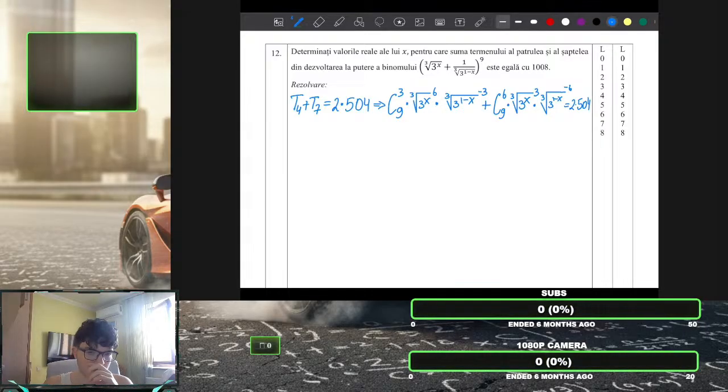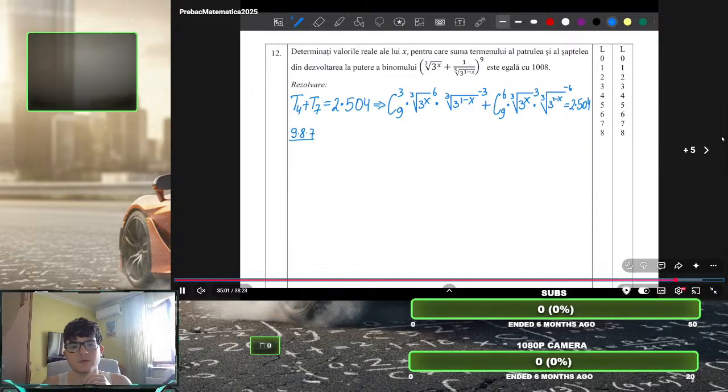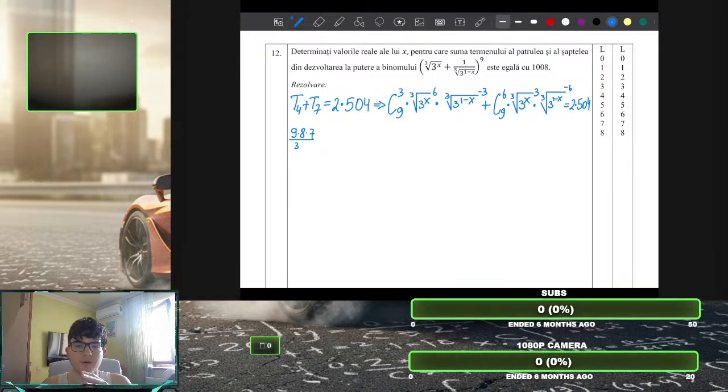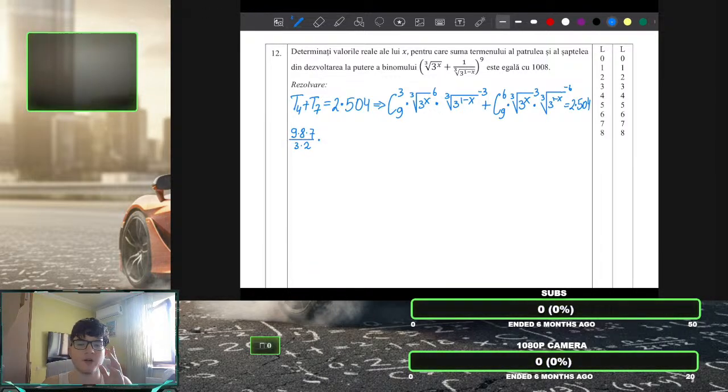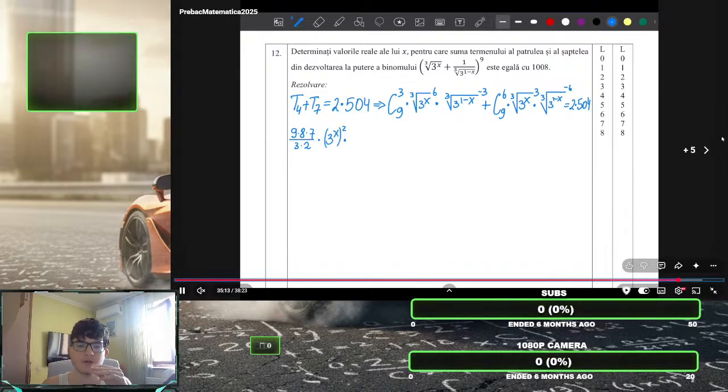So now we should calculate the c, right? 987 because 6 exclamation mark below. That's simplified, so it leaves us with 3 times 2. And times right there 3 with a 3 exclamation mark. I mean 3 in front of the square root is going to be 3 to the power of 1 divided by 3 times that x. 3 to the power of x divided by 3 times that 6. 3 to the power of 6x divided by 3.